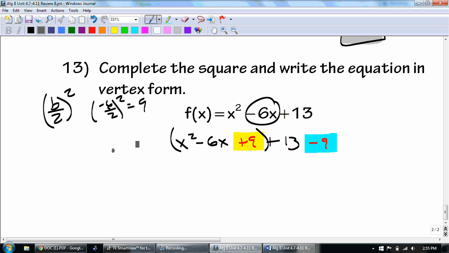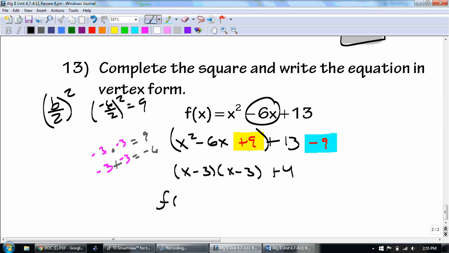Okay, we're looking for numbers that multiply to 9 and add to negative 6, which is negative 3 and negative 3. So this breaks down to x minus 3, x minus 3, and 13 minus 9 is a positive 4. And the final thing to do would make it f of x equals x minus 3 squared plus 4.